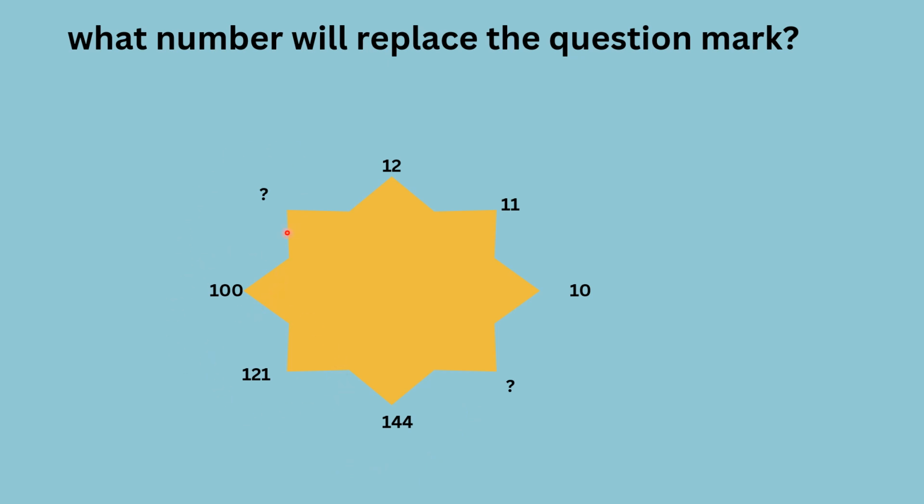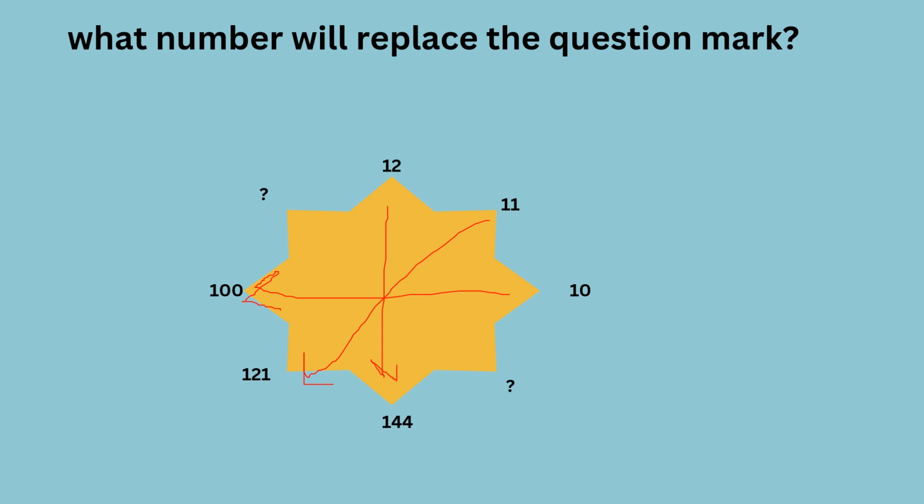There is a question mark there, so you're going to find the relationship between them: what gives us 100, why is it 100, and what is in front of 100, which gives the number 10 there. So the 10 becomes squared, which makes 100. If we think of it, 11 squared gives us 121, and 12 squared gives us 144.